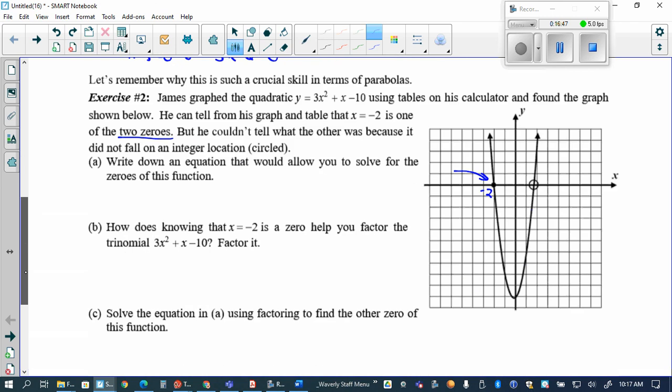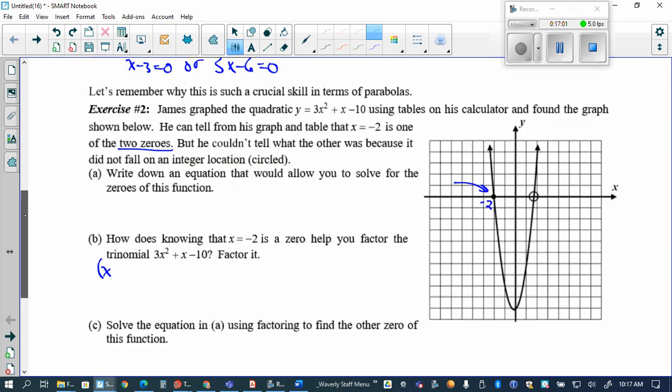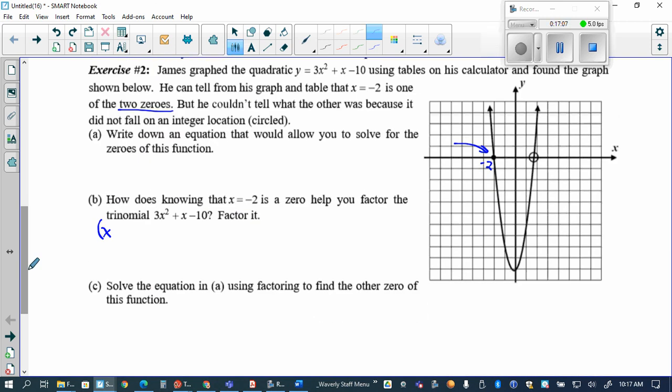So if one of the roots is x equals -2, what factor does that come from? x plus 2, because when you set it equal to 0 to solve it, you get x equals -2, correct? Now they want to know how knowing that that factor is x plus 2 helps you find the other factor.